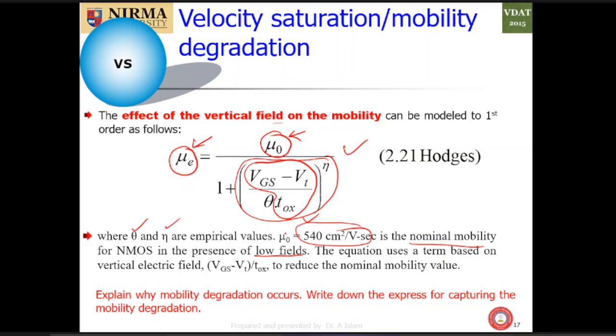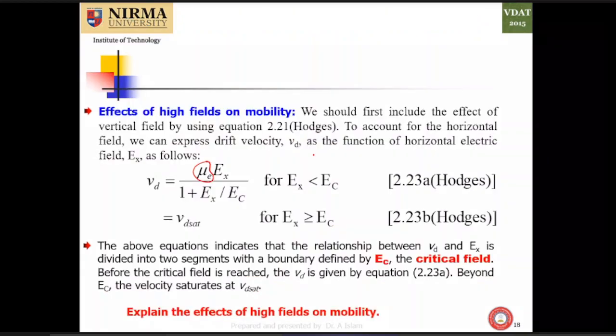So for computation of drift velocity, first you have to consider the vertical electrical field, which will reduce the mobility, giving you mu E. Then you find the drift velocity with this equation.